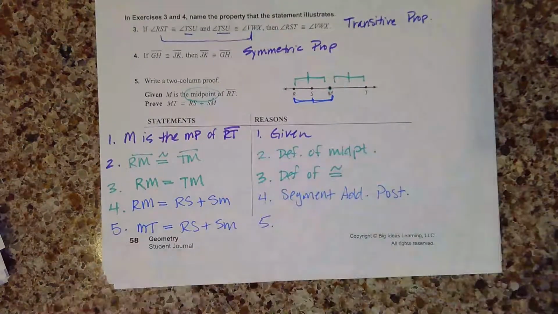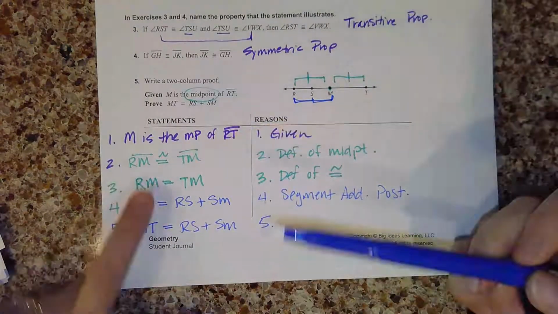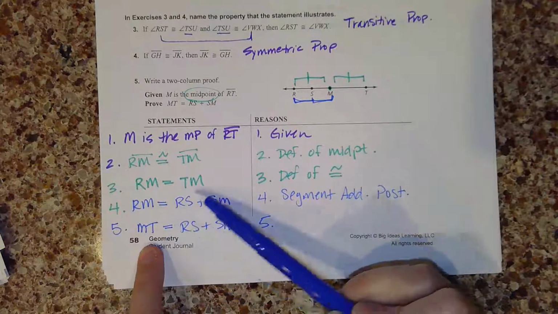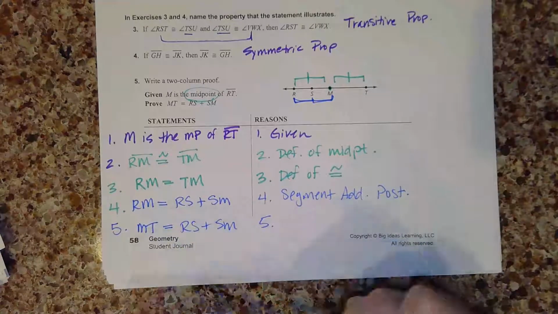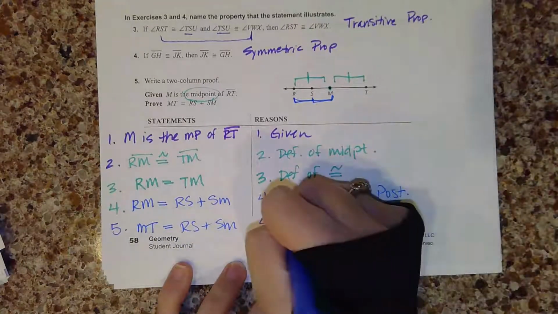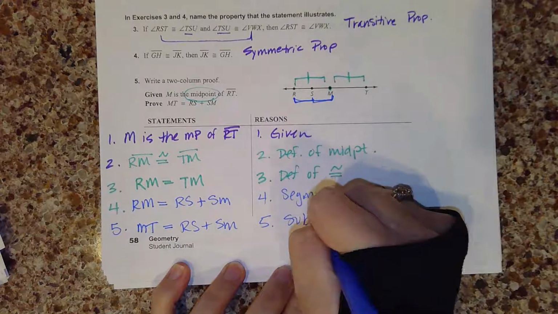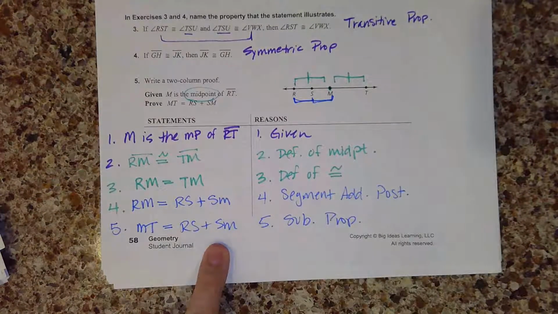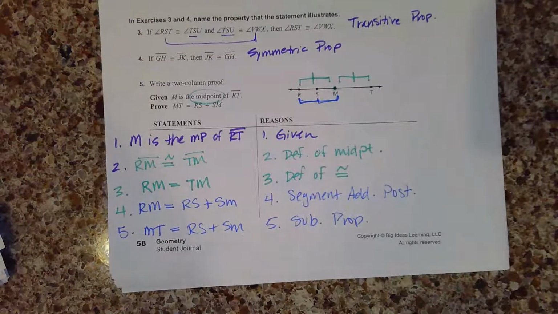What did I just do here? If I know that RM is equal to TM, then I just substituted TM, or MT, in for RM. So that was our substitution property. And now, since I'm already down to the given, I know I'm done.